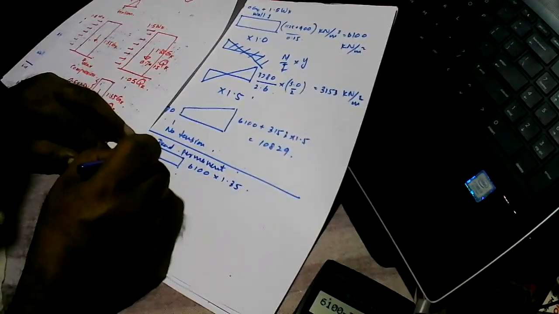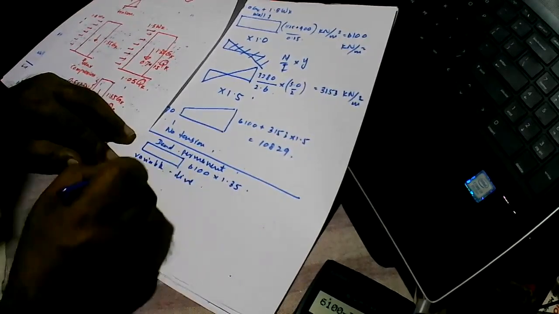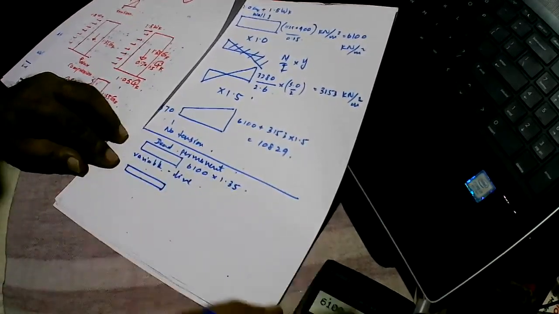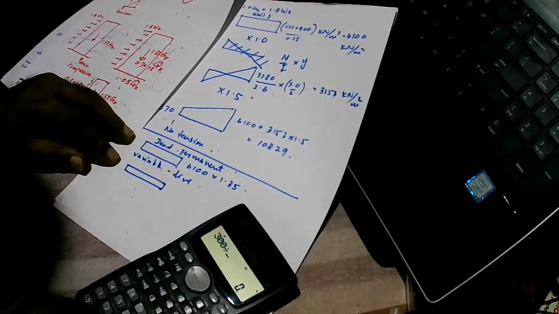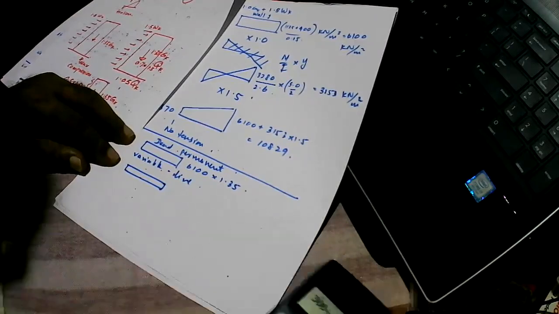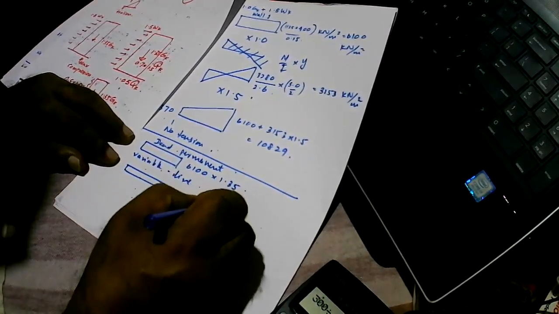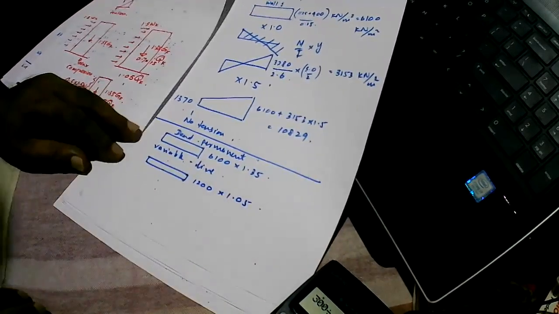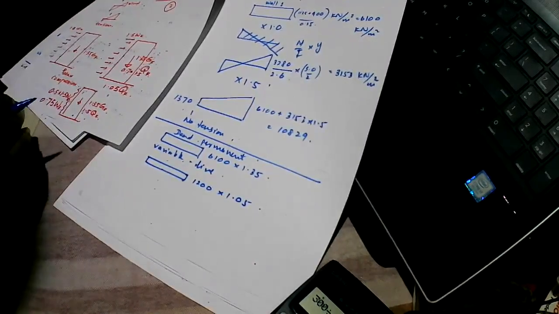Then for variable, live, we get another axial stress, that is 300 divided by 0.25, which gives 1,200, multiplied by 1.05. How you get 1,200 is 300 kilonewtons per meter divided by the width of the wall.